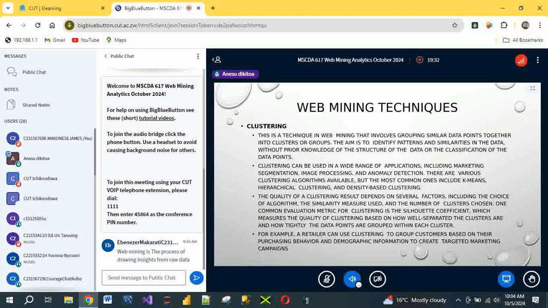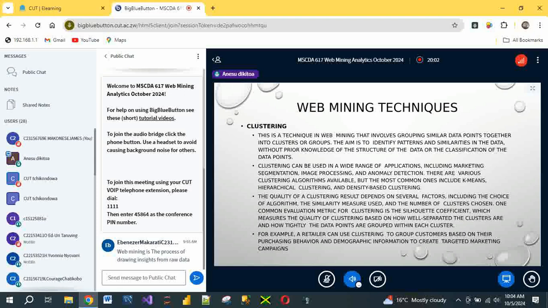The quality of a clustering result depends on several factors, including the choice of the algorithm, the similarity measure used, and the number of clusters chosen. One common evaluation metric for clustering is the silhouette coefficient, which measures the quality of clustering based on how well separated the clusters are and how tightly the data points are grouped within each cluster.